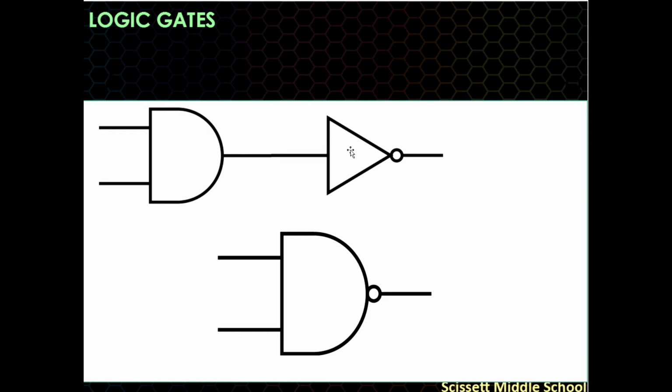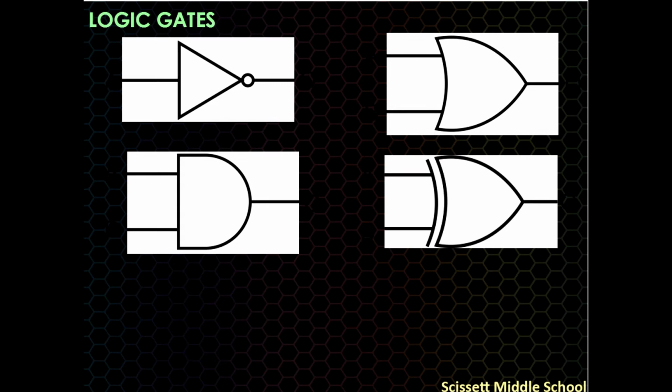So this is not an AND gate, so we call this a NAND gate. If we did the same thing with an OR gate, so we drew the circle there, it would become a NOR gate, not an OR gate. And that means all of the outputs are the exact opposite of a normal OR gate.